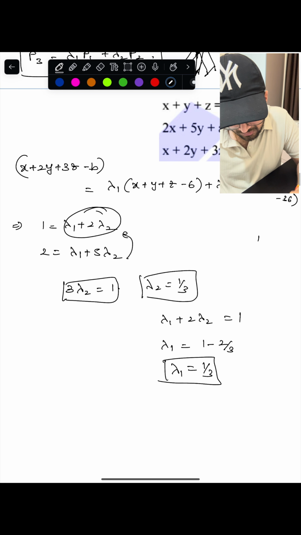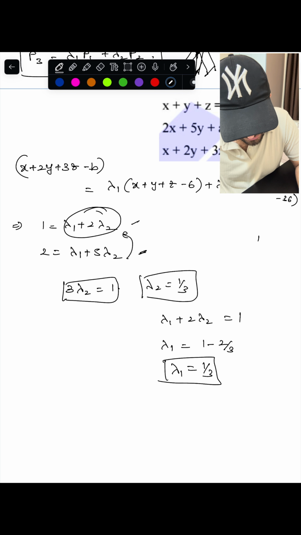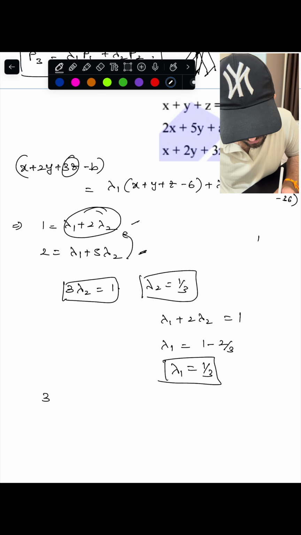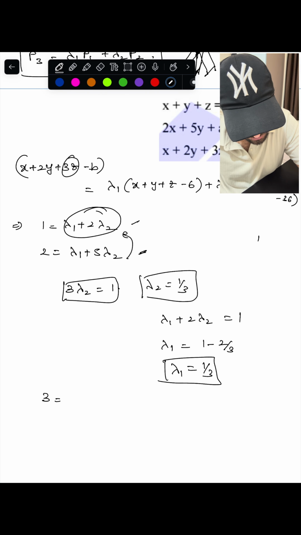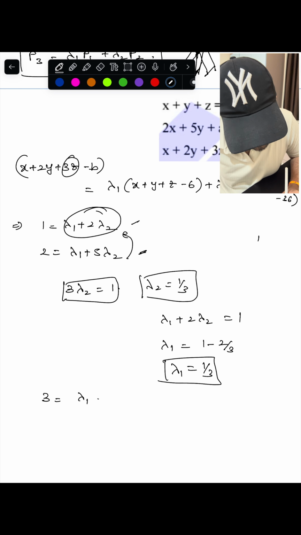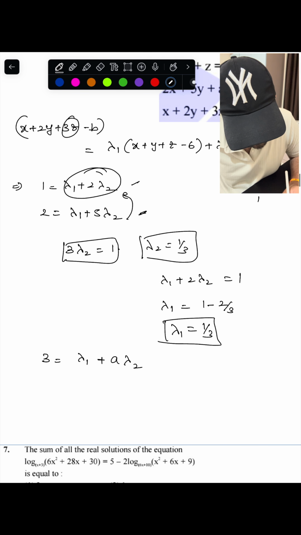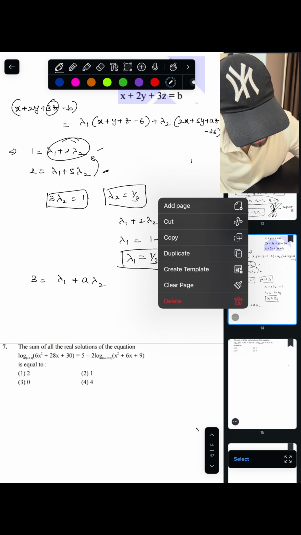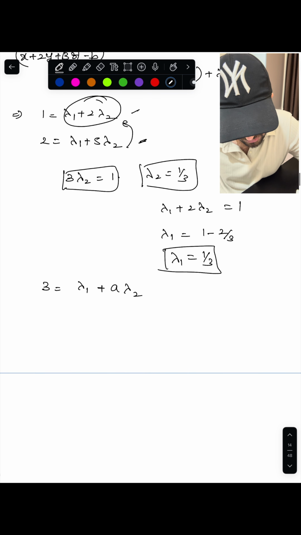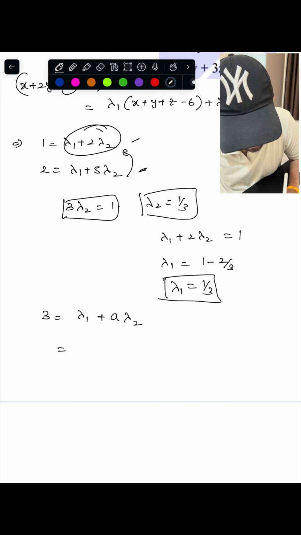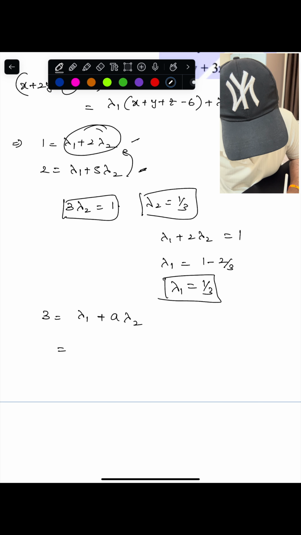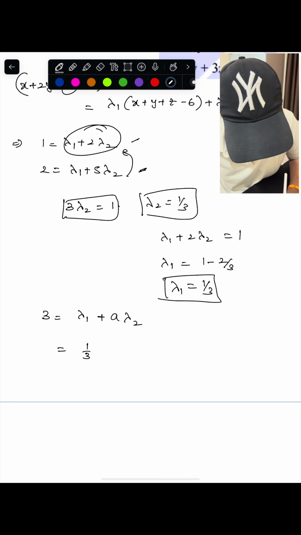Now I have compared the x coefficient and y coefficient, and now I'm comparing the z coefficient. 3 should be equal to lambda 1 plus a lambda 2. We already found the values of lambda 1 and lambda 2, both 1 by 3.